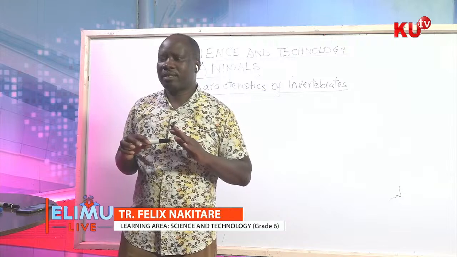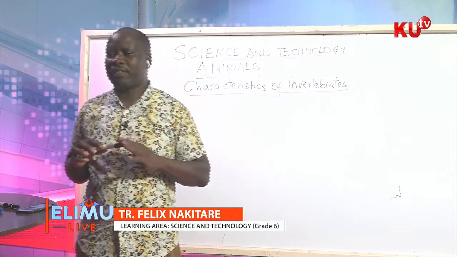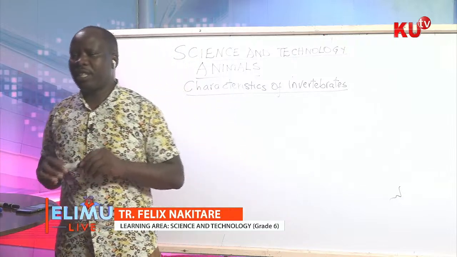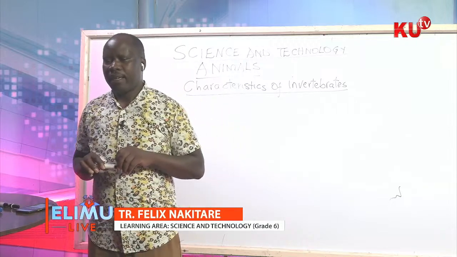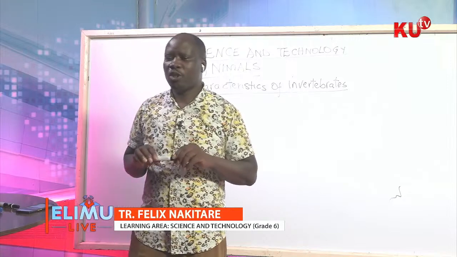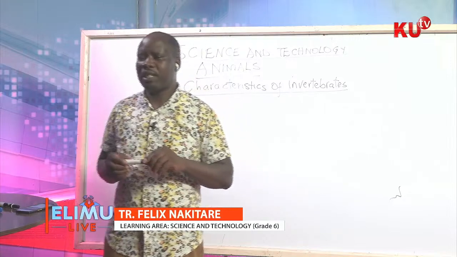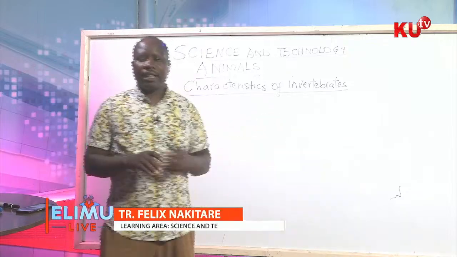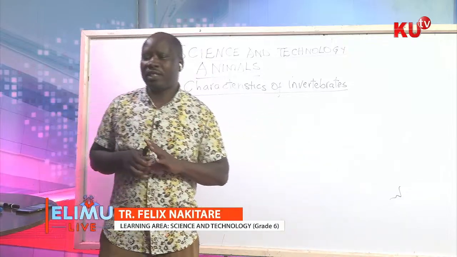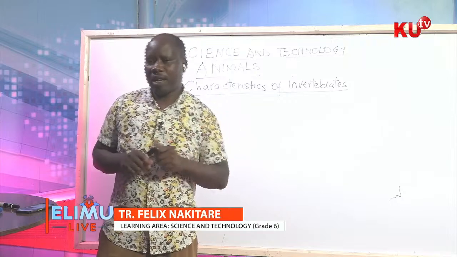Now, just as we grouped or classified vertebrates into 5 classes or groups, invertebrates are also put into different groups, and that is why we have their characteristics. These characteristics are common features between groups of animals.